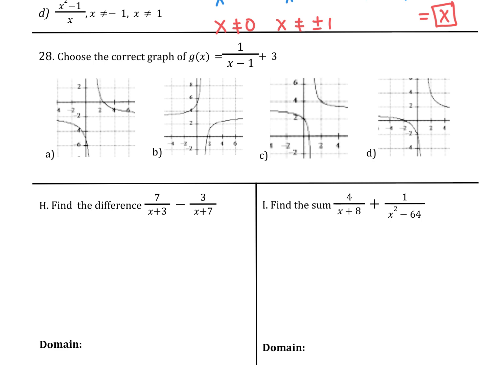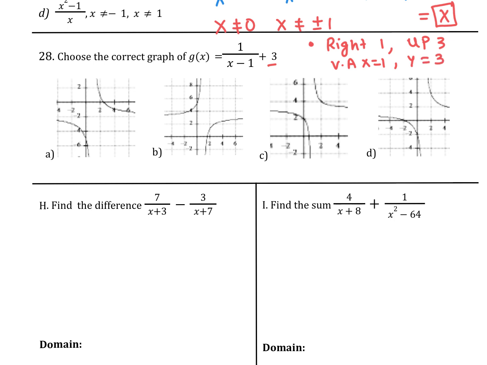So it is the graph that is moved right 1 unit and up 3. So this is up 3. We have a vertical asymptote at x equals 1, and we have a horizontal asymptote at 3.